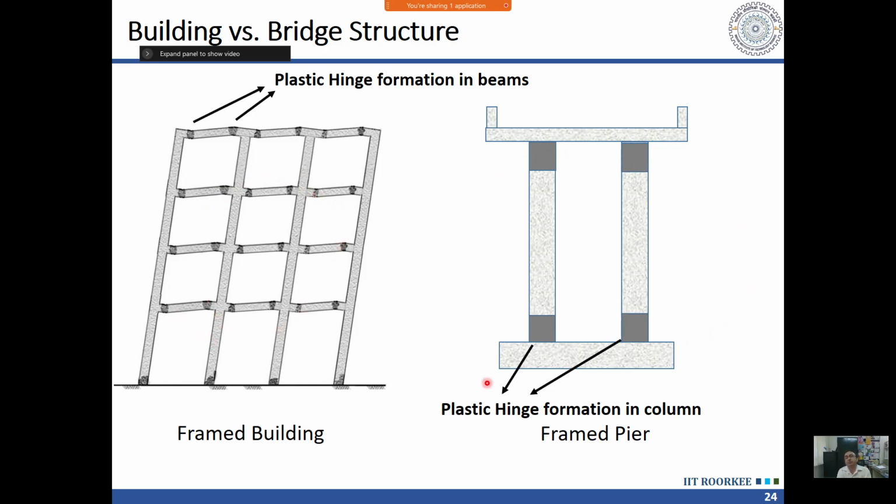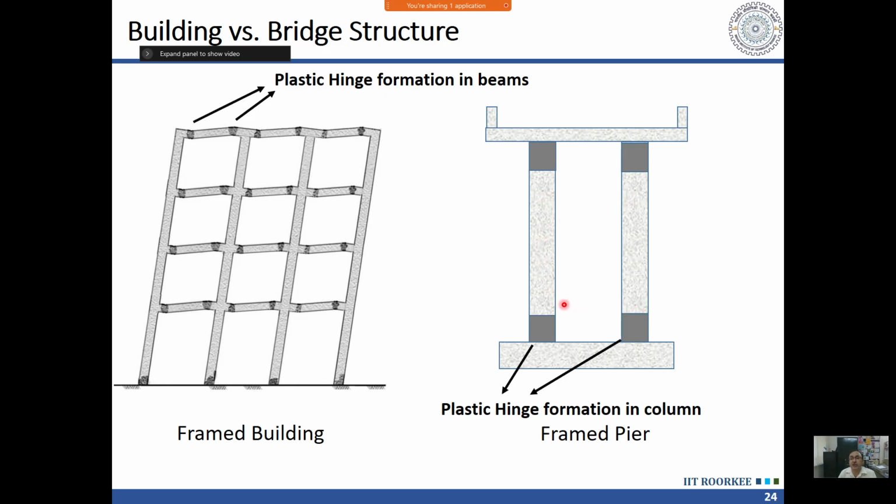Yesterday we compared the response reduction factors for buildings and bridges, and the bridges' response reduction factors were much lower. One reason we discussed was that the number of hinges was less, because it was a determinate structure. Another issue is that because of the compressive force, the ductility of the piers is going to be less as compared to beams. But if we can have a framed pier where there are beams also, and we design that framed pier in such a way that the beams develop plastic hinges, then we can dissipate large energies even in case of piers.